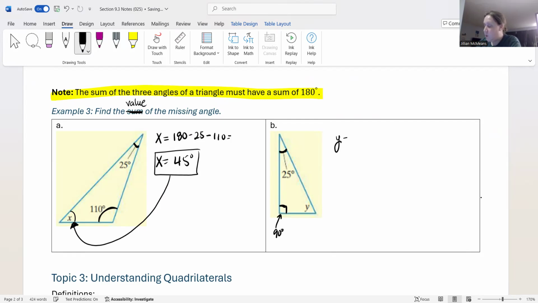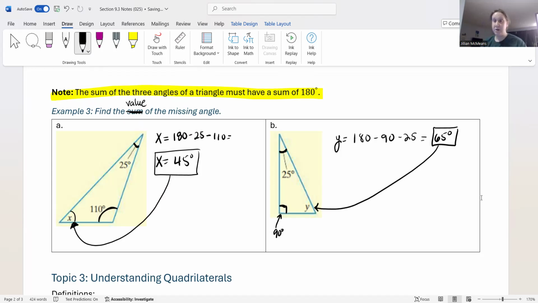So then I can say, y is going to equal 180 because the three have to add to 180. We're going to subtract the 90 that's already been used. We're also going to subtract the 25. Whatever is left over is going to be the value of y. So 180 minus 90 minus 25, and we get 65 degrees. So this measure right here is 65 degrees.